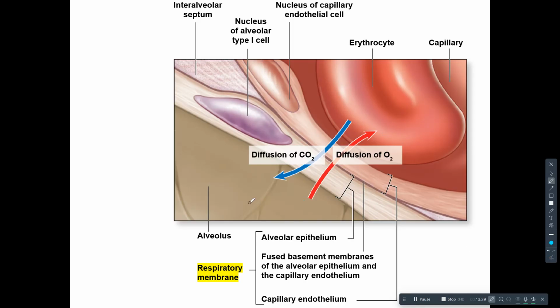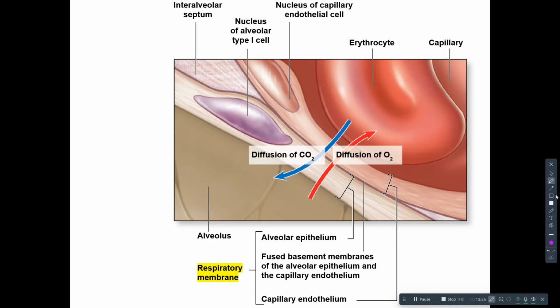Let me make a big PO2. There's a high PO2 in the air, and then a lower PO2 in the blood. And that's why oxygen goes that way. Similarly, there is a high PCO2, pressure of carbon dioxide, in the blood, and a lower PCO2 in the air. And that's why CO2 goes that way.